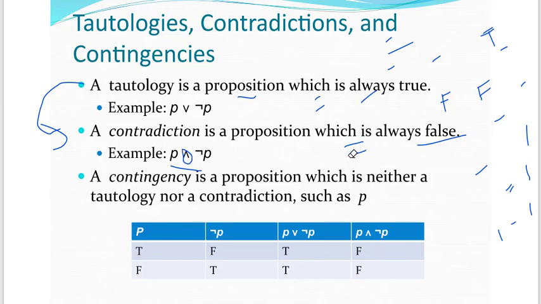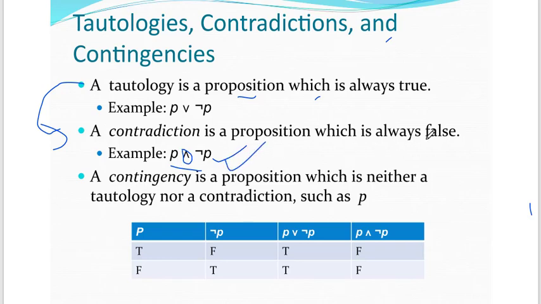So this overall statement will become true when both are true. It is not possible that P and its negation are both true at the same time. So this statement will always be false. This type of example is called a contradiction.